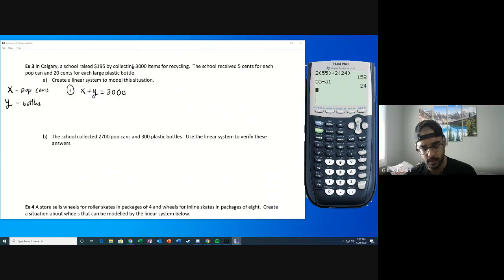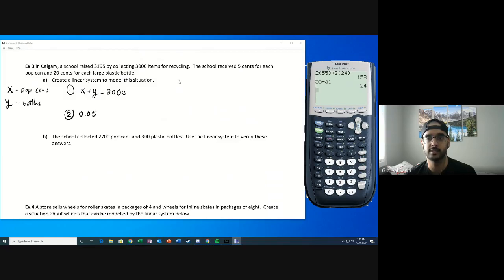Okay, the second equation is going to come from all of the money, how much these things are actually worth. So they got 5 cents for each pop can. If you think about it in terms of money, 5 cents is 0.05 as a dollar amount, because they're raising a certain amount of dollars.